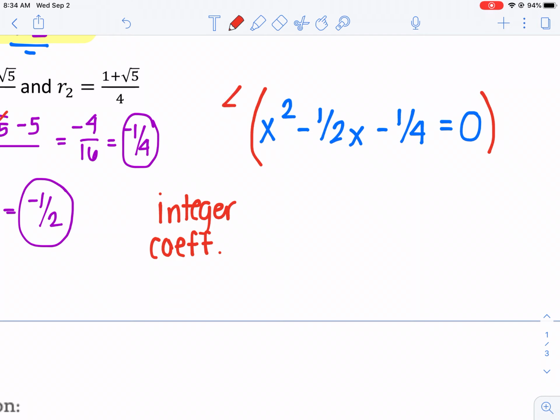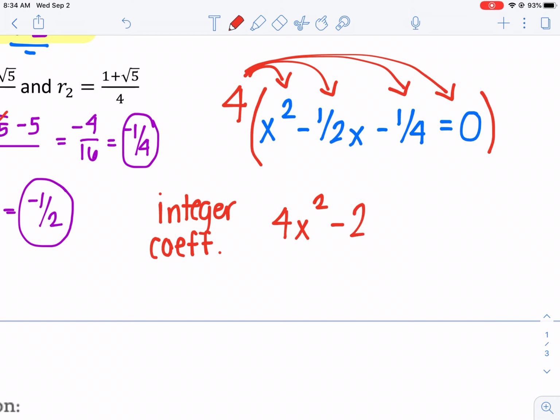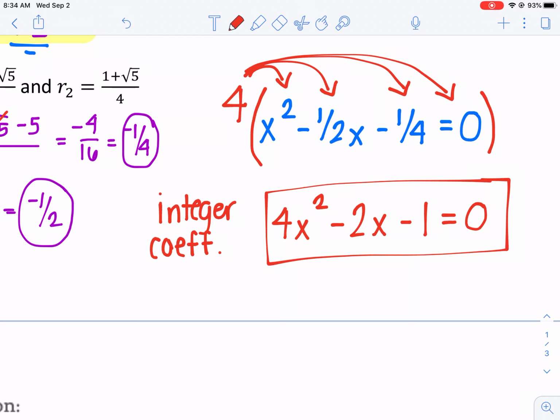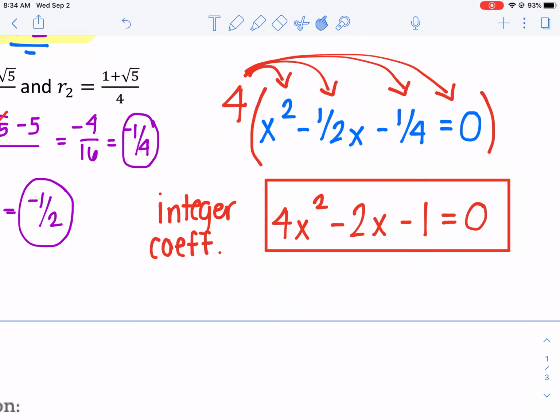So in this case, it would be 4. When you do all this multiplication to each term, you're eliminating the fractions. So you'll end up with 4x squared minus 2x minus 1 equals 0. This would be your final answer with integer coefficients.